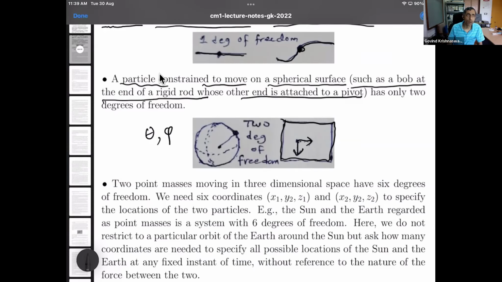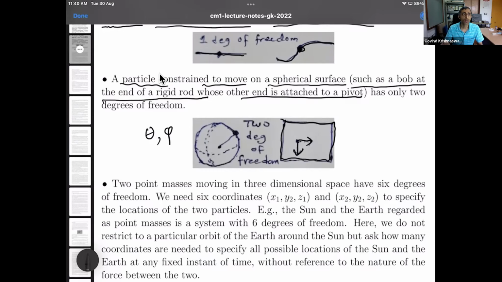So you have to make observations at lots of times and deduce that, okay, this particle is not able to go off the sphere, and therefore I should treat it as a system with 2 degrees of freedom. Your point is well taken. Perhaps I did not state my definition carefully enough. It is not that you observe the particle at one instant of time and know how many degrees of freedom it has. This is a property of the system as a whole.